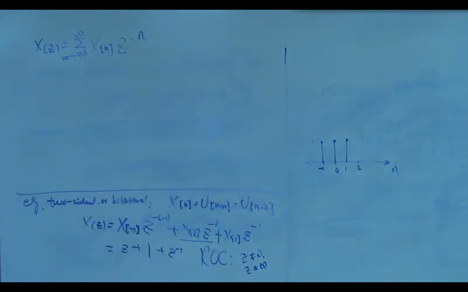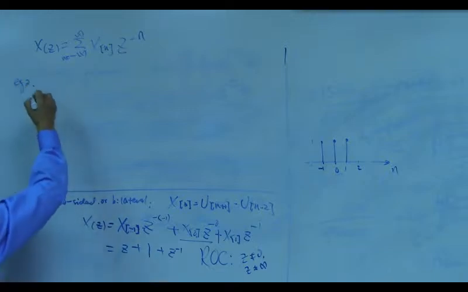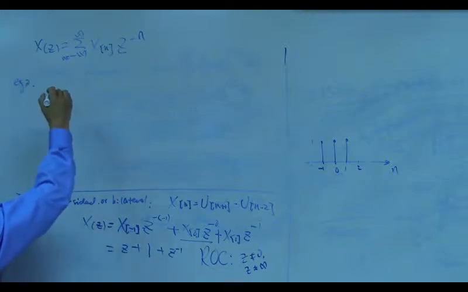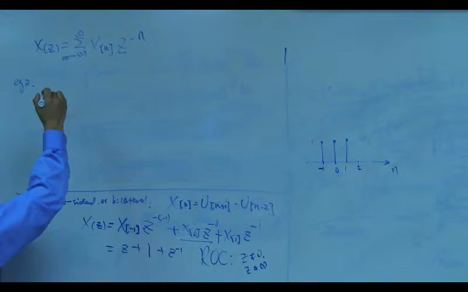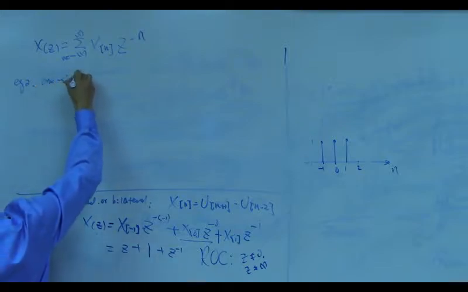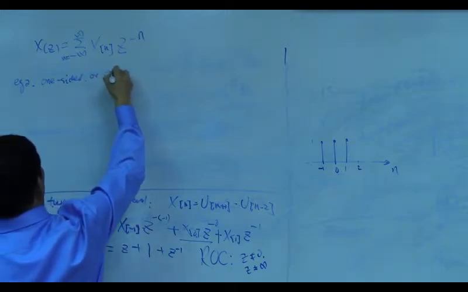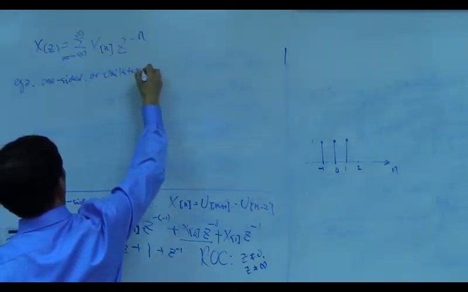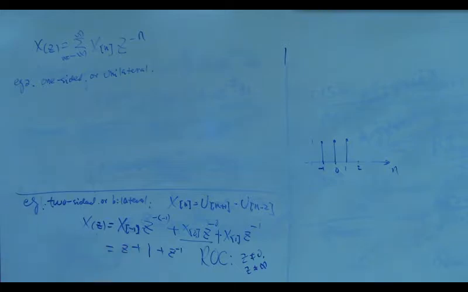Right. Now we go. Now is example 2. This is called one-sided or unilateral, which means we only need to go to one side.